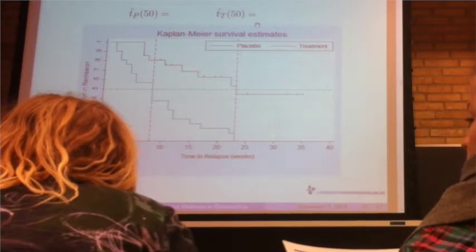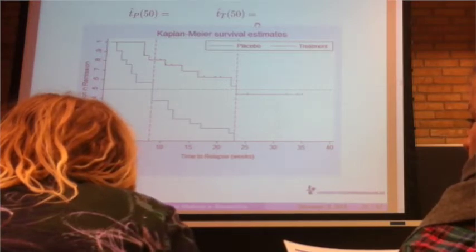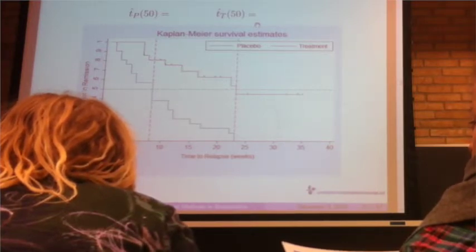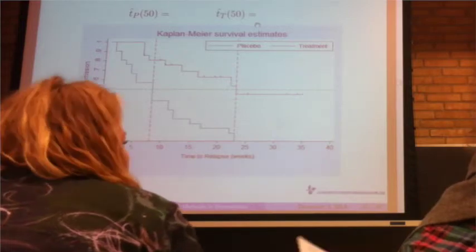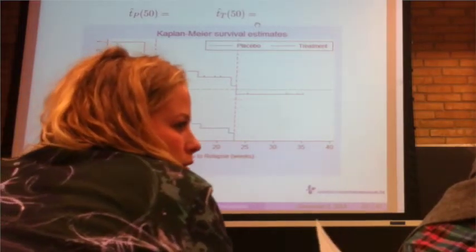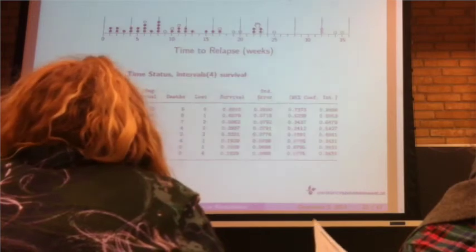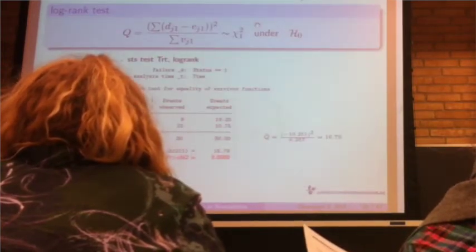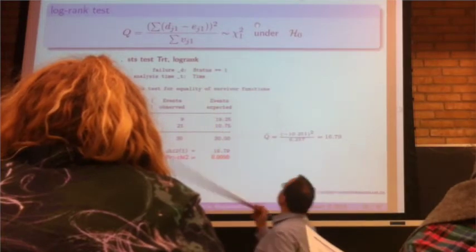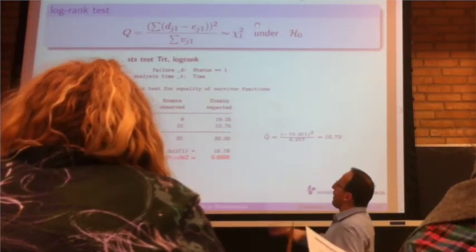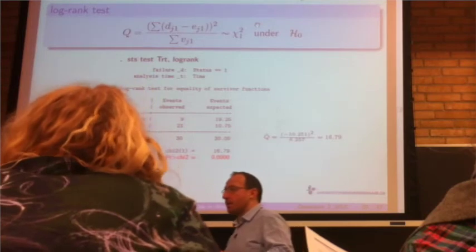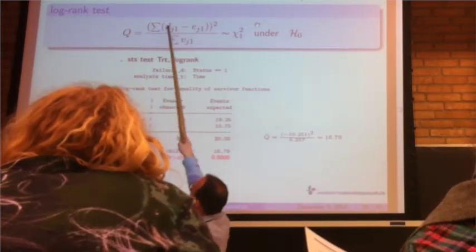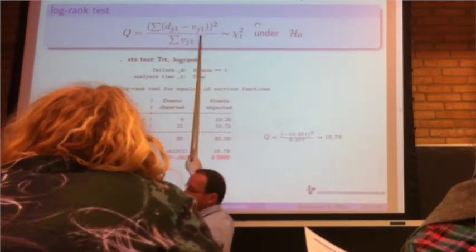But the number 16.79, what does it say? This is the value of the test statistic, which can be calculated in such a way. It's only a measure of how far the observed number of events is from the expected number of events.